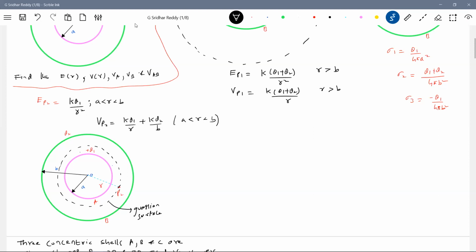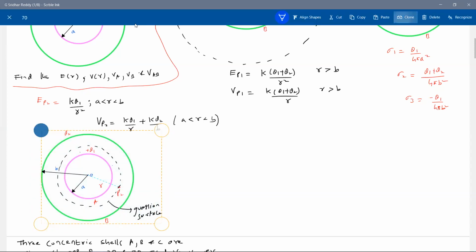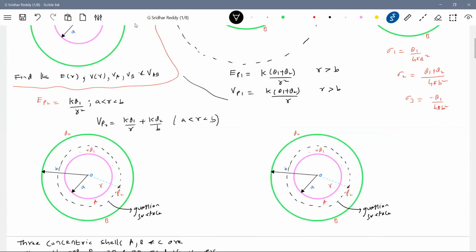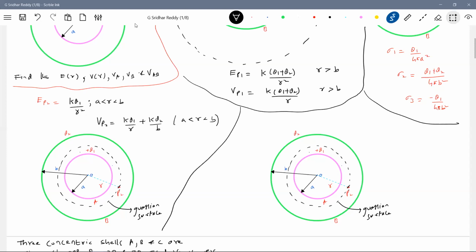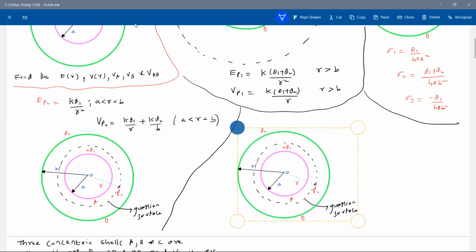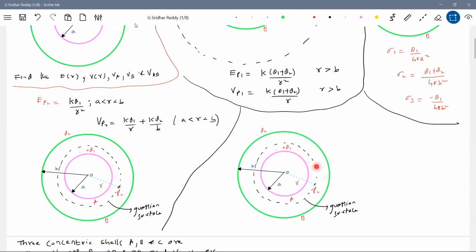Okay, now I want potential somewhere inside. So let's get into this one. Where is the point?